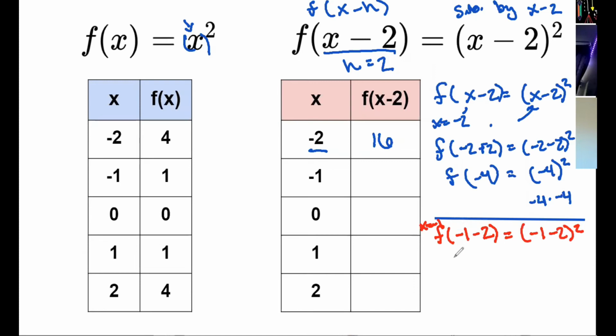At this point, if you go ahead and rewrite everything on the left side, you have -1 plus -2. We have -3. And over here as well, -3 squared. So -3 squared in this example, -3 times -3 gives me +9. All right, go ahead and do the same for the next values. Let's see what you guys get.